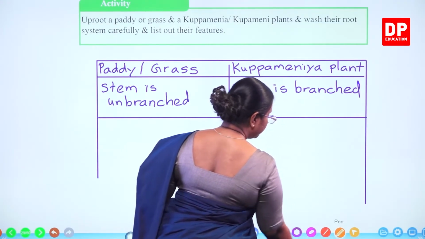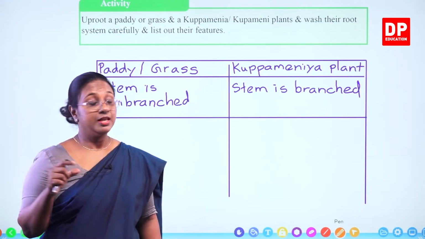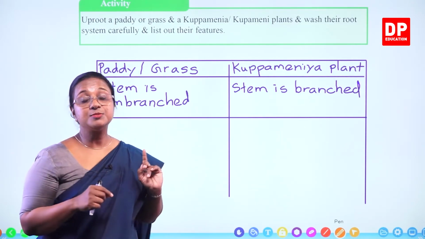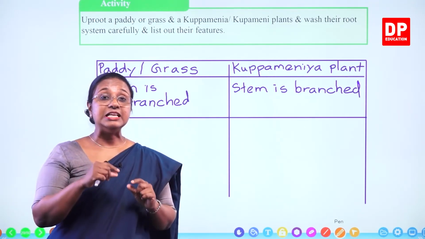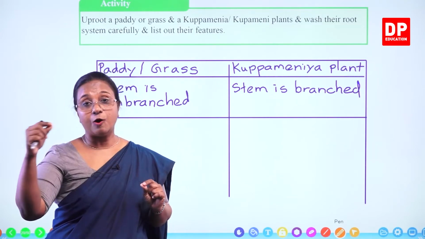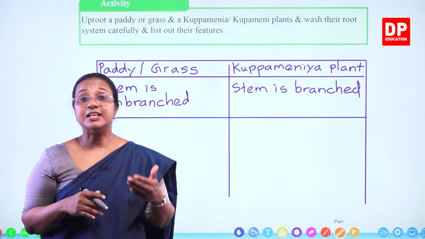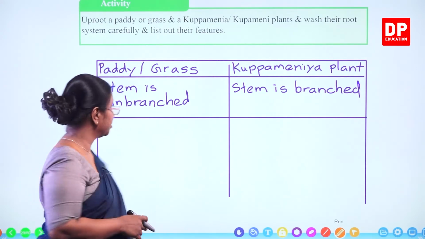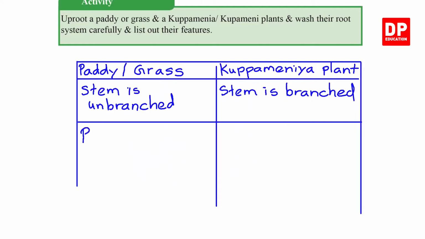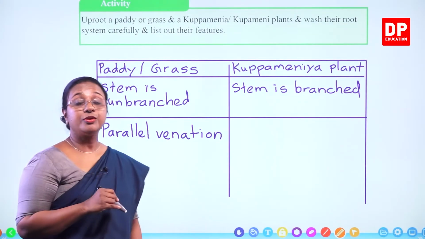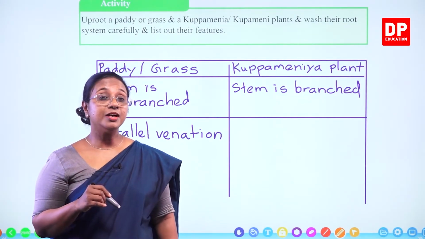Then, we were able to look at the leaves. And here, in the paddy or grass plant, you can remember the leaves are very thin and long. And in that, you would have observed the venation, that is parallel venation. So paddy or grass has parallel venation, whereas when you looked at the Cupomania leaf, how was it?